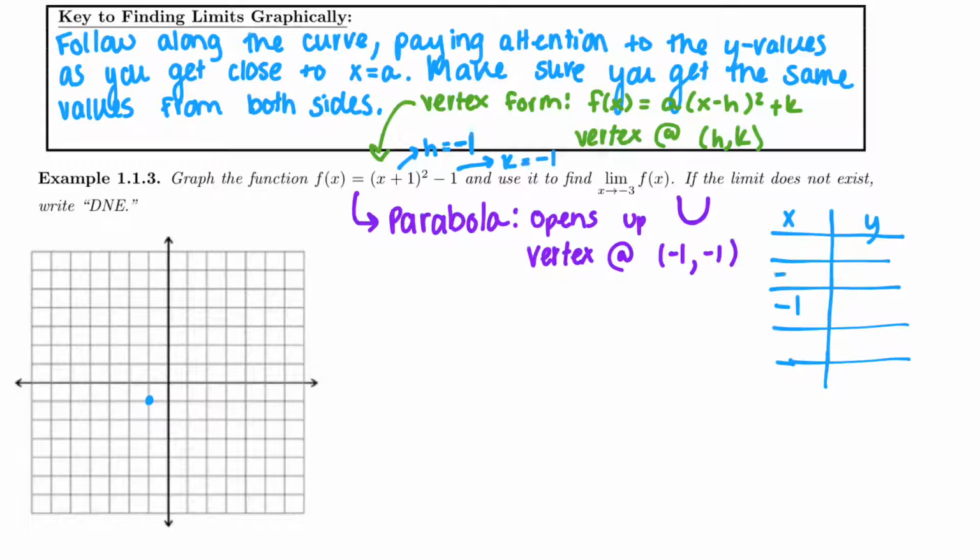I could do -2, -3, and then 0 and 1, plugging them into f of x equals x plus 1 quantity squared minus 1. So if I plug in -3, here's the mental math: -3 plus 1 quantity squared minus 1. -3 plus 1 is -2, so -2 squared minus 1. That's 4 minus 1, which is 3.